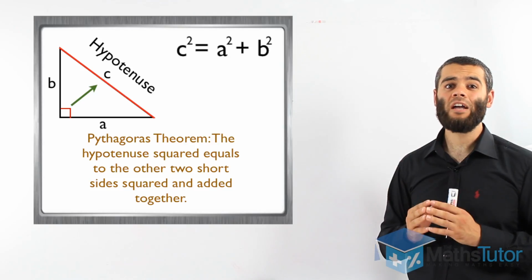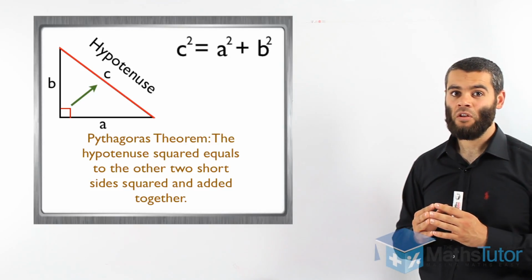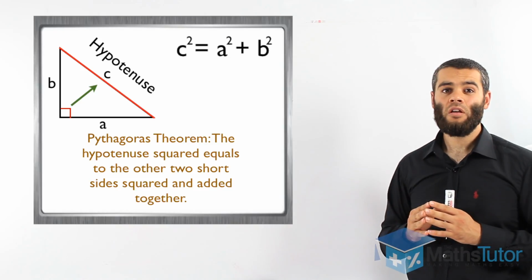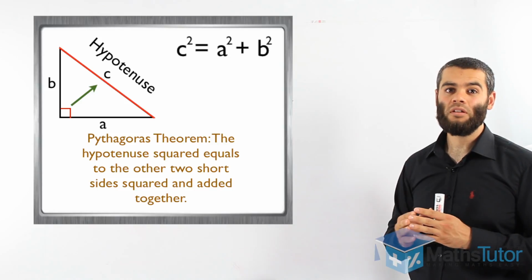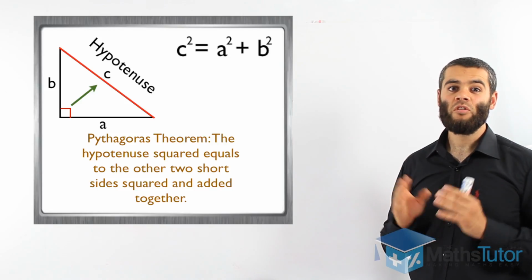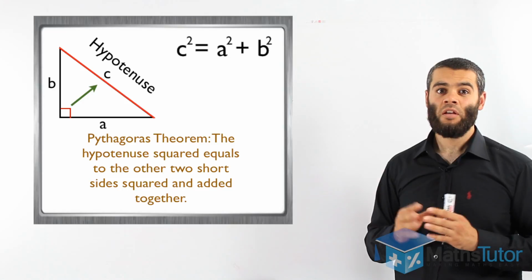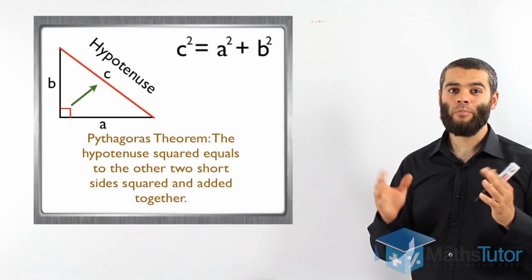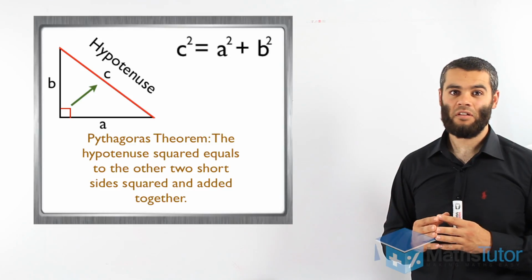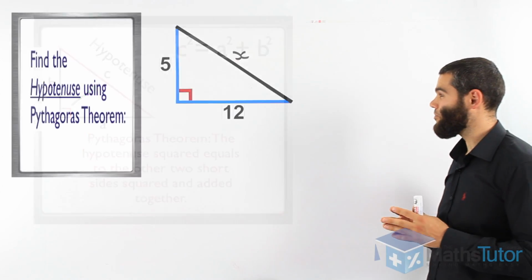So how can we actually use this in maths? If we have a right-angled triangle and one of the sides is missing, we can actually use this rule and this concept to find the other missing side. Today we're going to see how to find the missing hypotenuse using Pythagoras. Let us look at this example here.